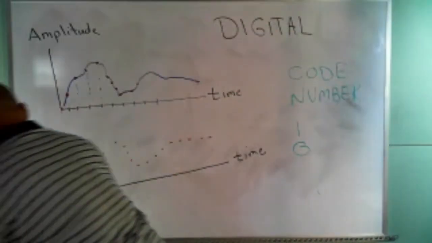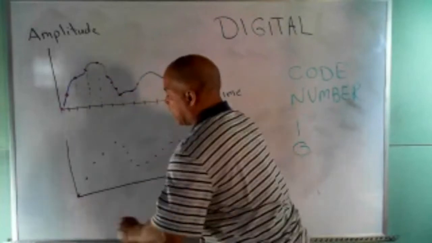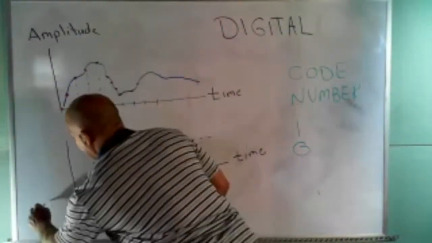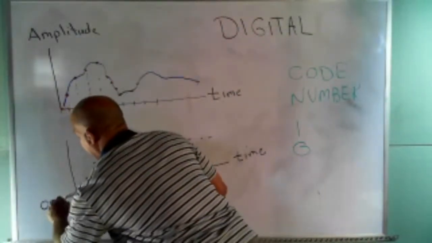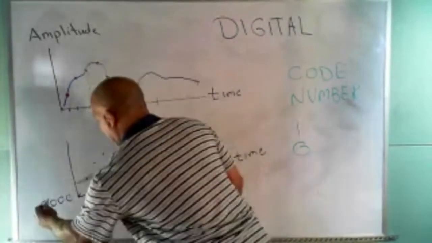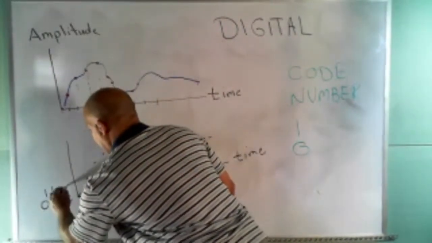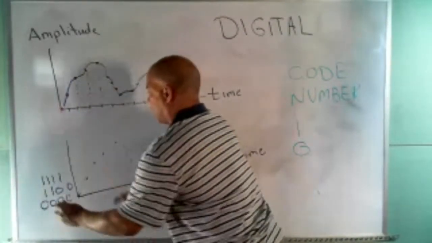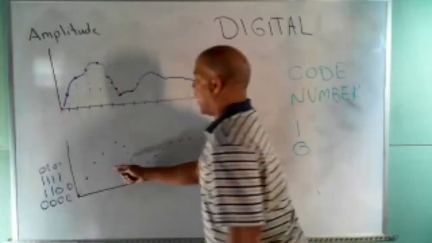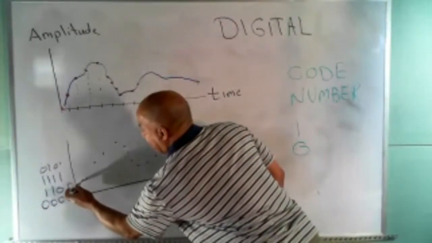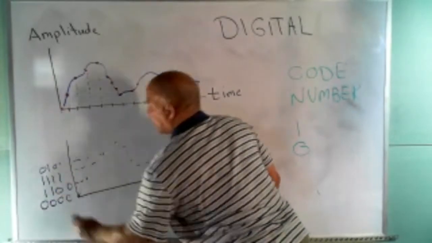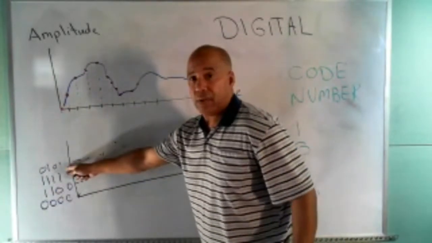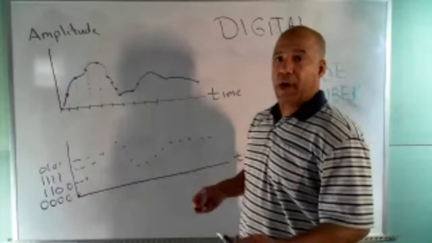This dot right here, I'm going to represent that value with this code, 0, 0, 0, 0. And that one right there, I'm going to represent with 1, 1, 0, 0. And maybe that one is 1, 1, 1, 1. And this one might be 0, 1, 0. Every dot here is given a value using zeros and ones.